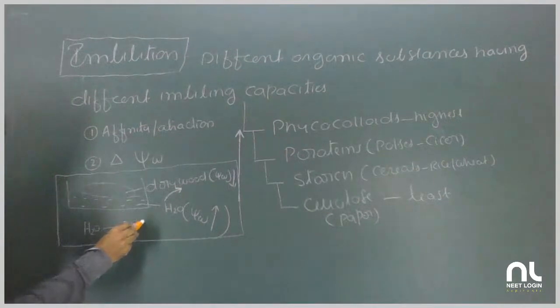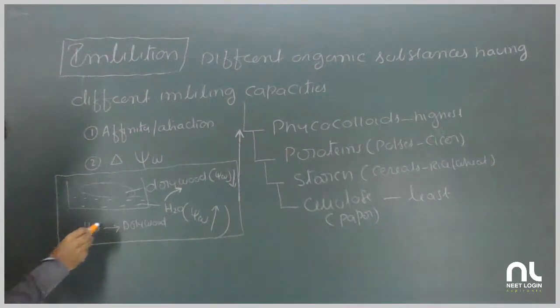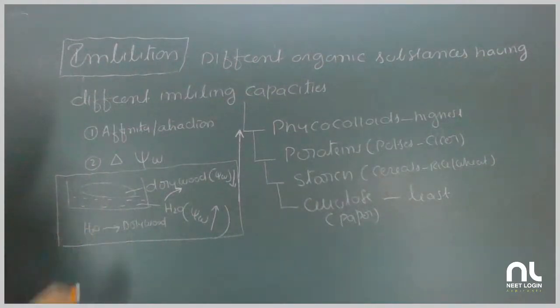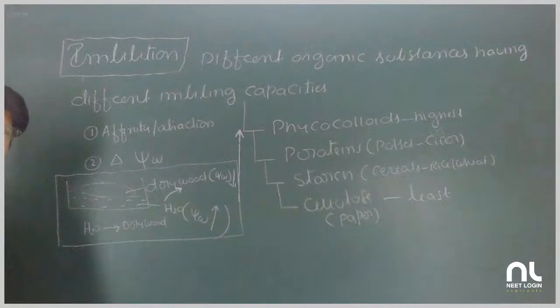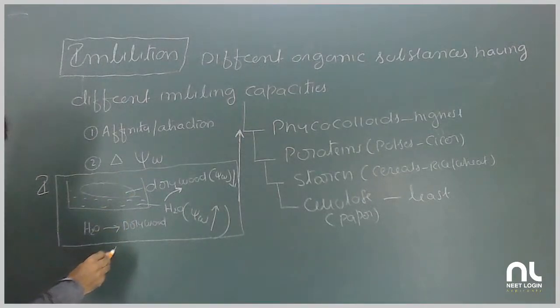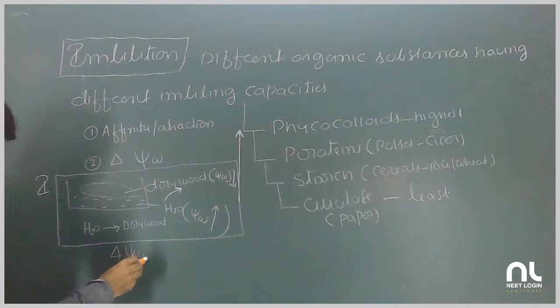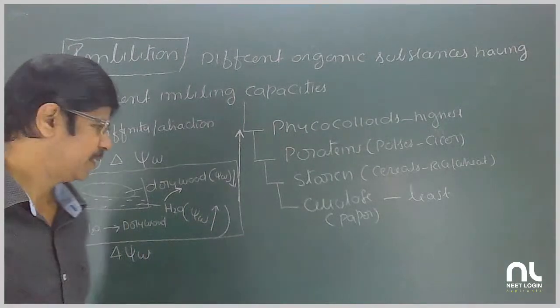So water is absorbed by the dry wood, because dry wood has low water potential and water has high water potential. In this case we expect a difference of water potential between the dry wood and water.